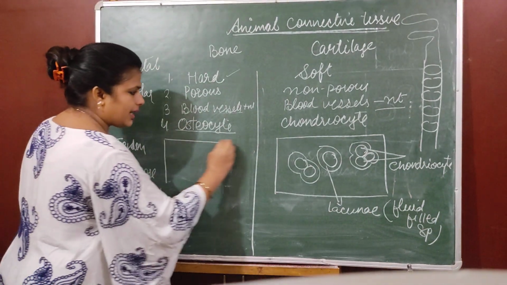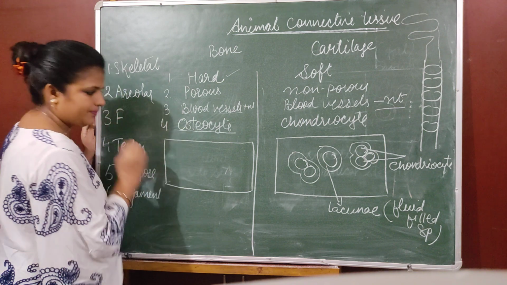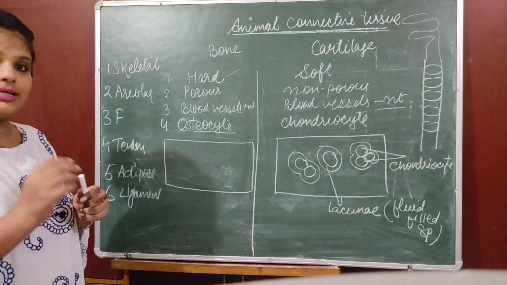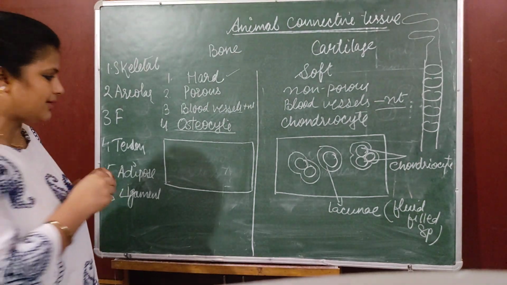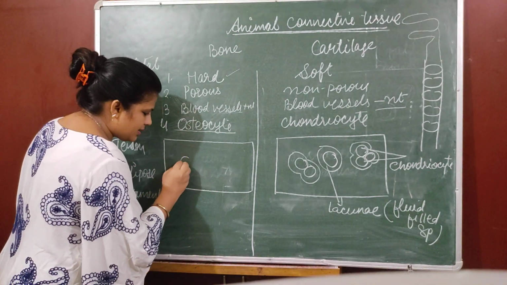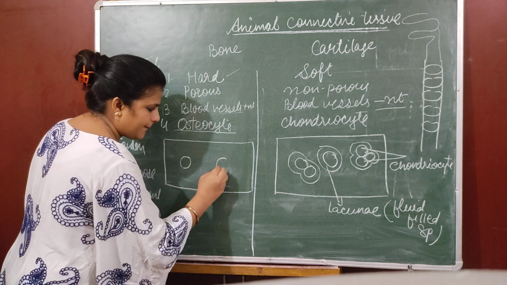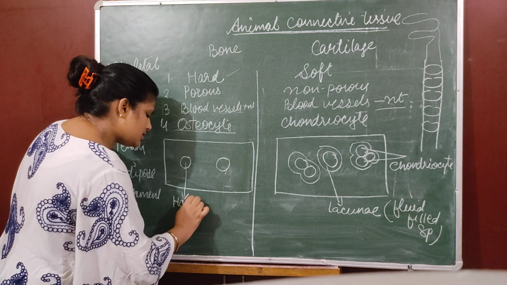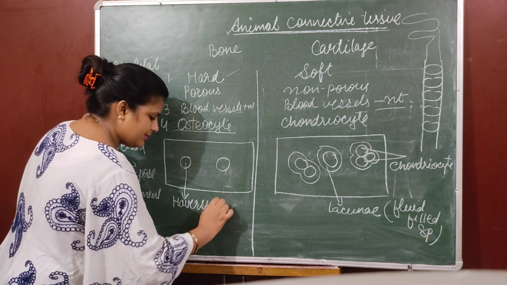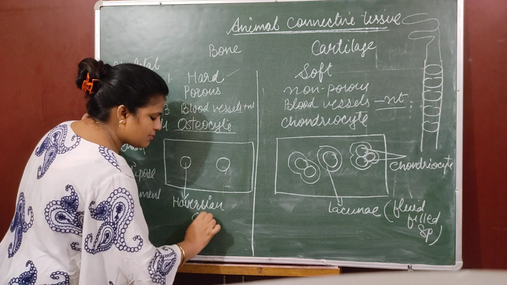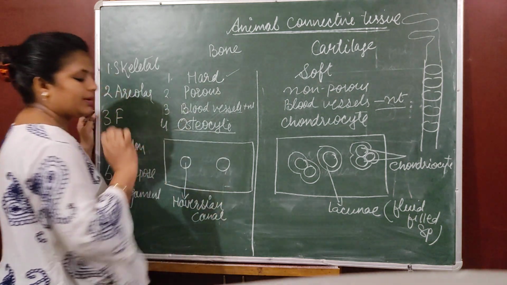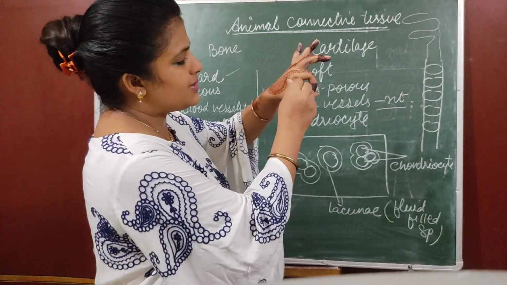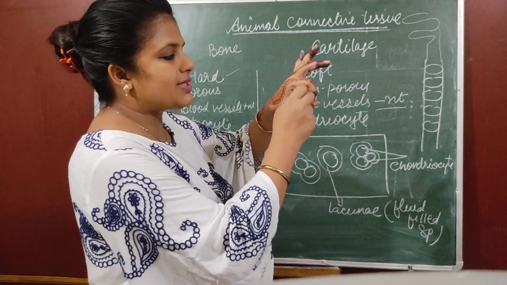Similarly, if we draw the diagram of bone, bone is made up of osteocyte cells, and osteocyte cells are arranged in concentric circles. See, this first one is the Haversian canal. Don't worry, we will learn this diagram in the skeletal system also. The Haversian canal is a canal from where nerves will pass, and blood vessels also pass.